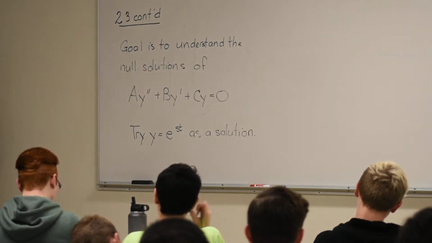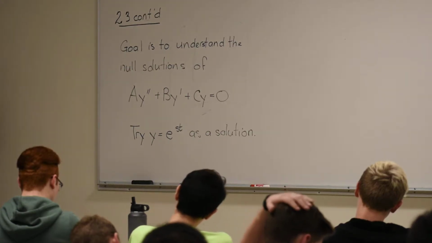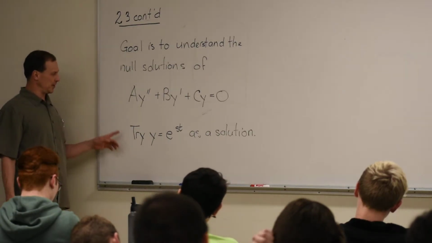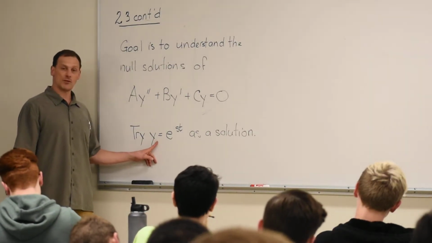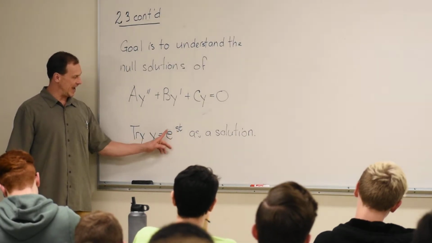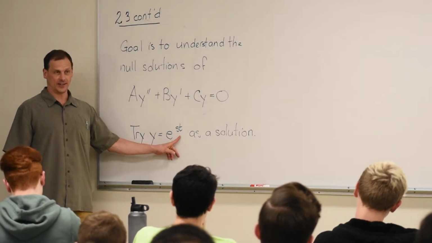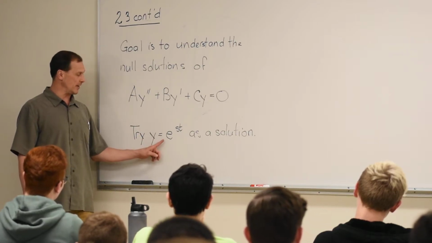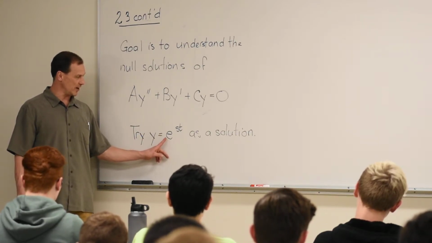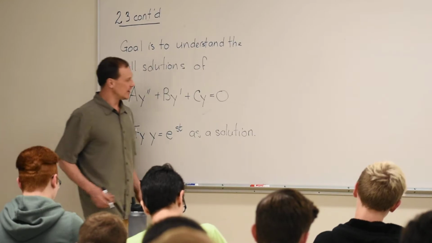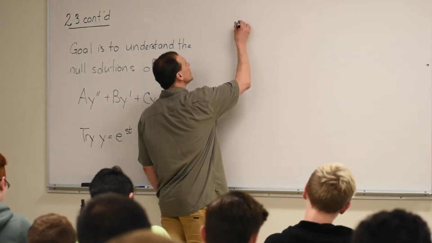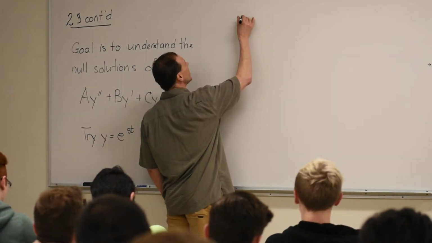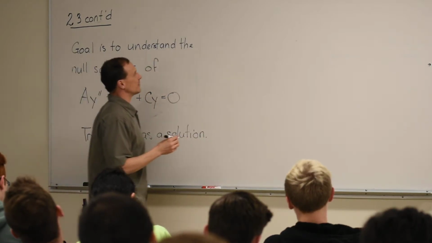So we did that, and what we came up with was this. We took the first derivative of y, and that gave us s e to the st. Took a second derivative of that, that gave us s squared e to the st.